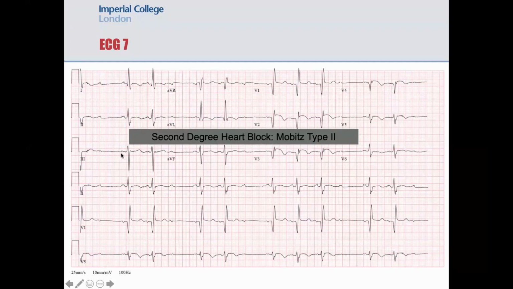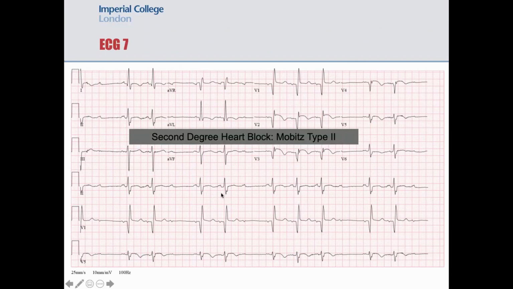Yeah, so this is your Mobitz type 2 block. Again, if you look at limb leads 1, 2, and 3, the PR interval is actually normal. There's one P wave followed by QRS, then another followed by QRS, and then another P wave, but there's no QRS. So suddenly the conduction gets blocked and doesn't go through, so the ventricles don't contract.